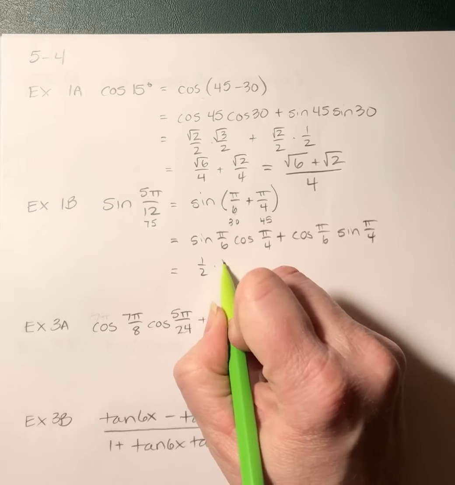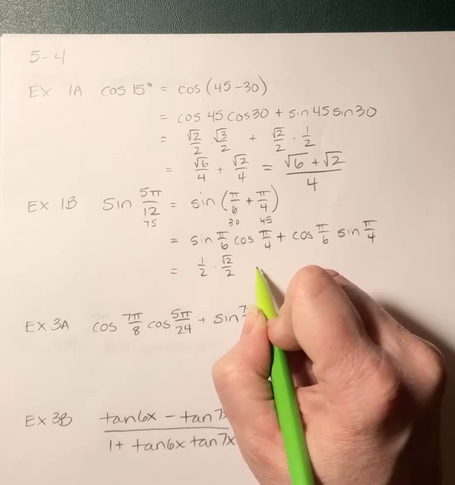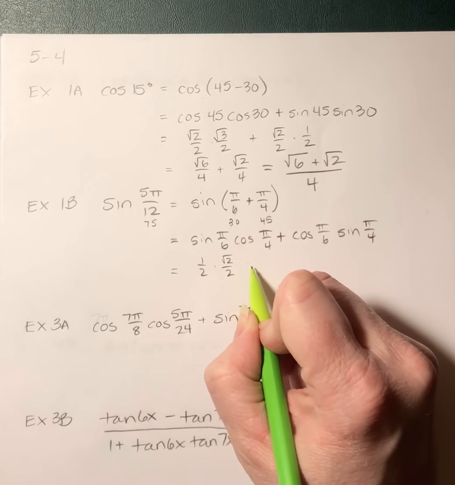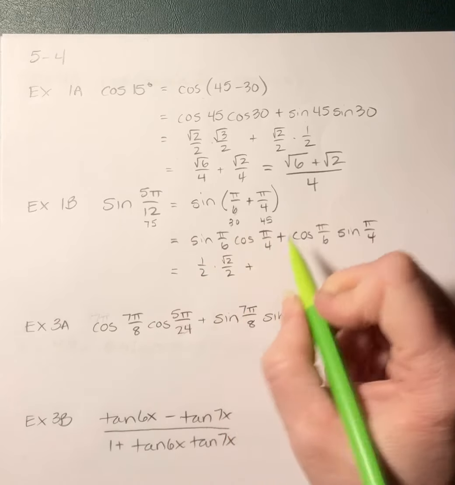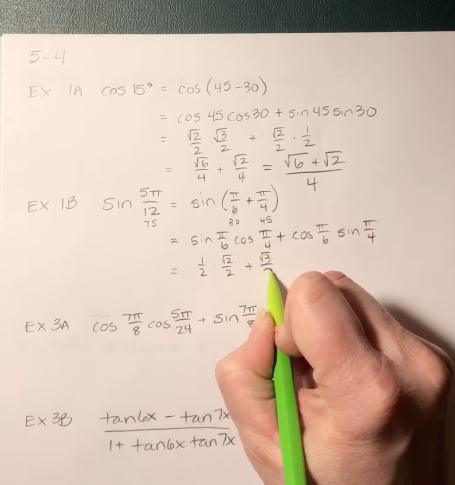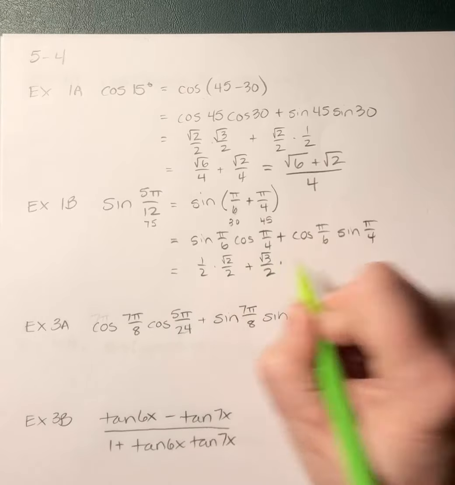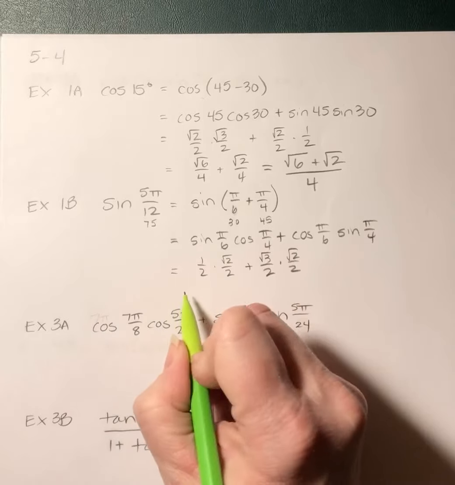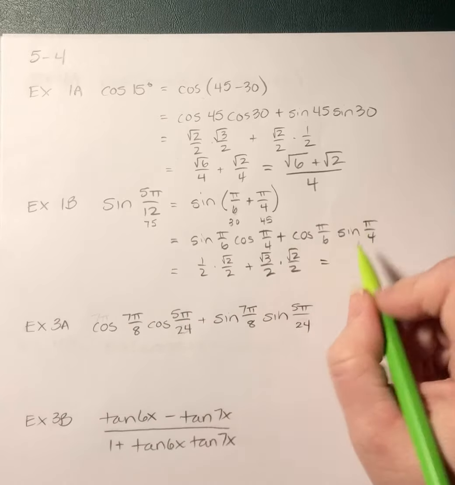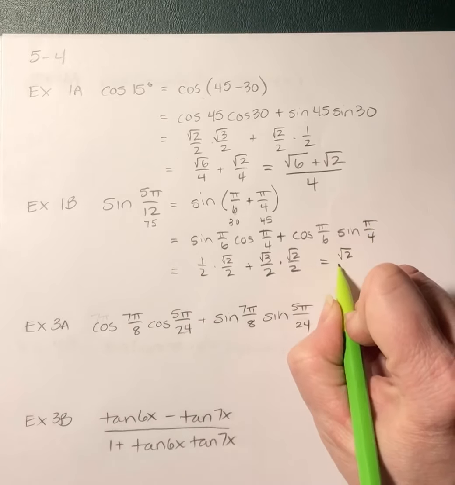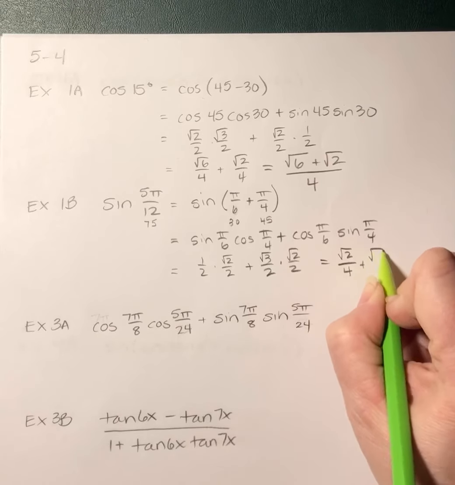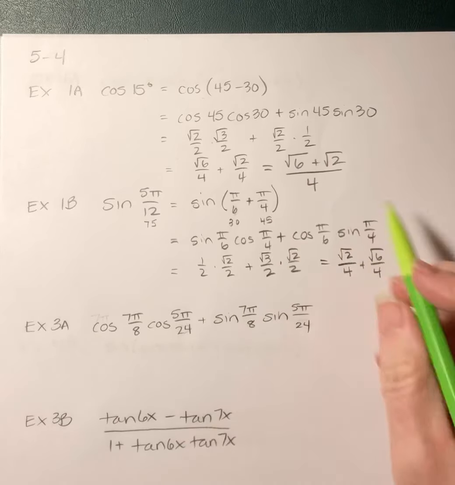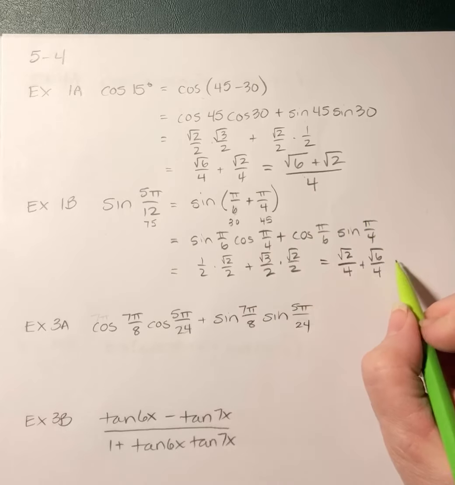Cosine of pi fourths is square root of 2 over 2. Cosine of pi sixth, cosine of 30, is square root of 3 over 2. And then sine of pi fourths is square root of 2 over 2. So I end up with square root of 2 over 4 plus square root of 6 over 4, which gives me the same thing.